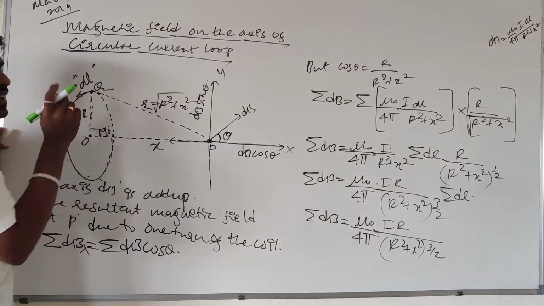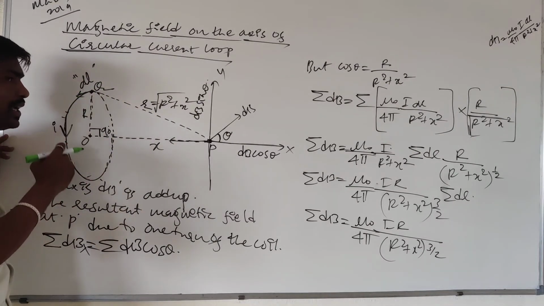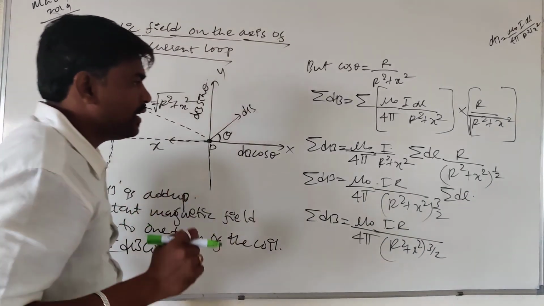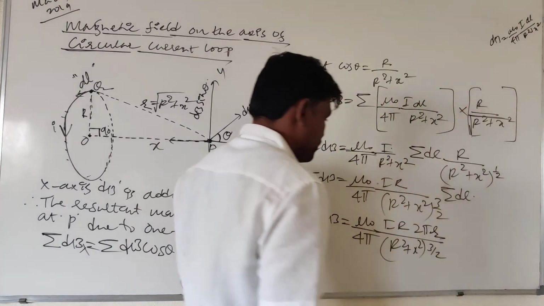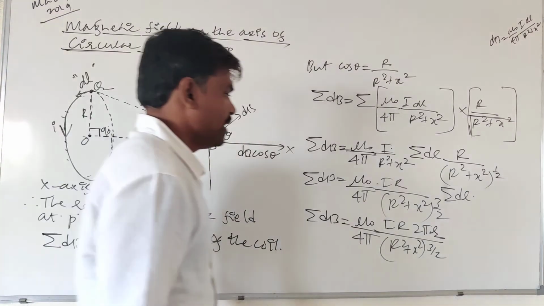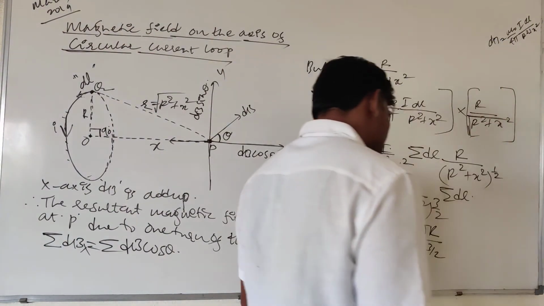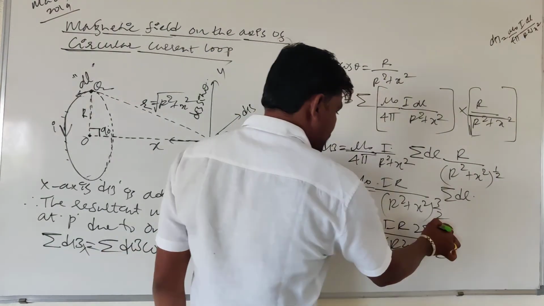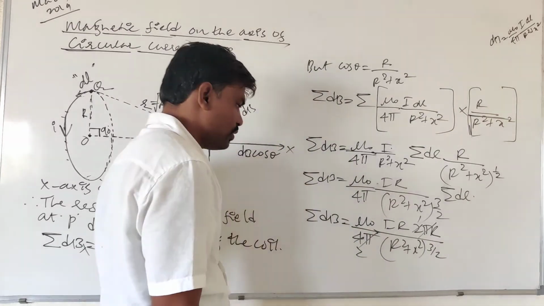So many small dl lengths are there. If we consider this complete circular current loop, then the summation of dl becomes 2 pi r. Very important. Which type of radius is it? Capital R. So I am going to take capital R here. Then this pi got cancelled, the 2s cancel.